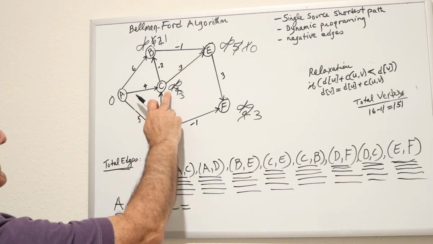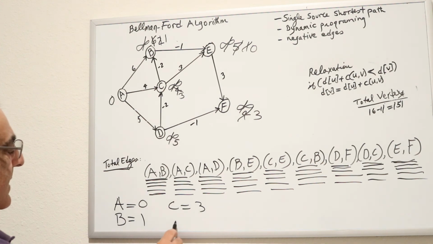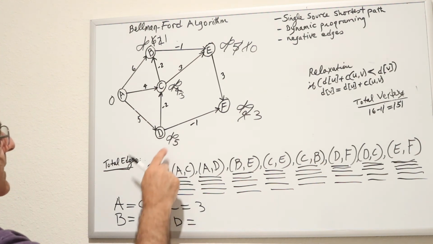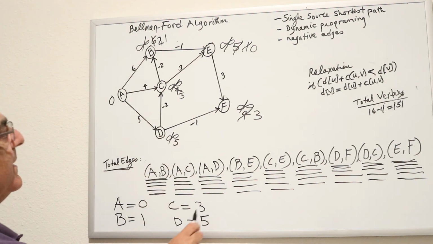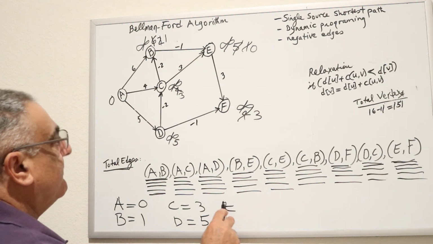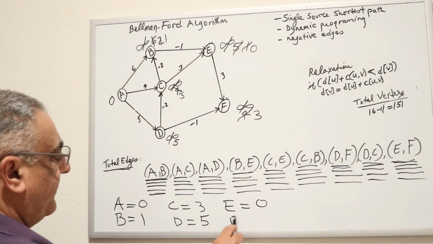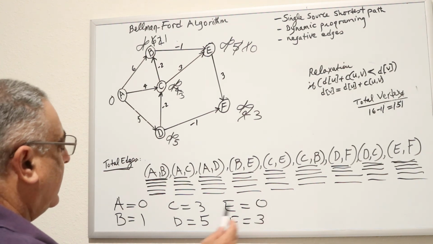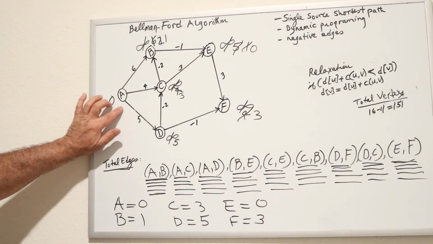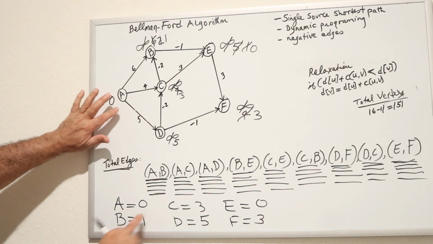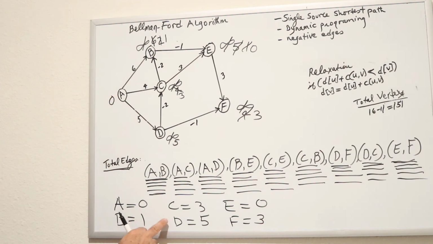C is actually 3. D is actually 5. E is 0. And F is 3. Did I account for all of them? I've got A, B, C, D, E, and F.